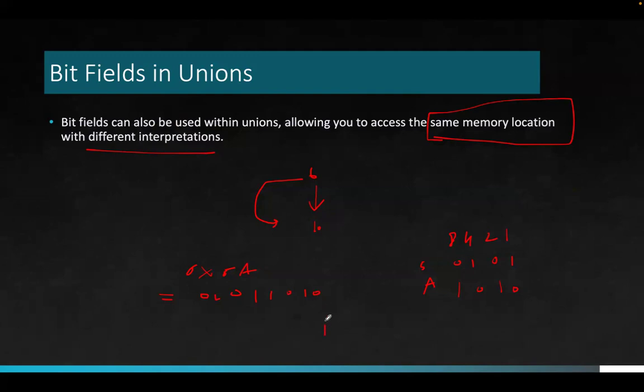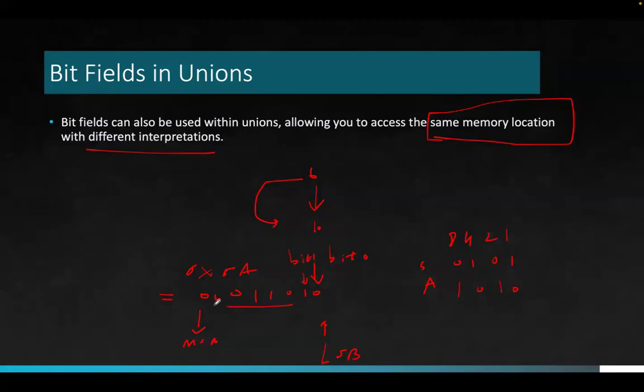Now what will happen? The assignment always starts from the left-hand side to the right-hand side. So this is LSB and this is MSB, the least significant bit and most significant bit. So the first bit is stored in the bit 0 variable. The next value is stored in bit 1.